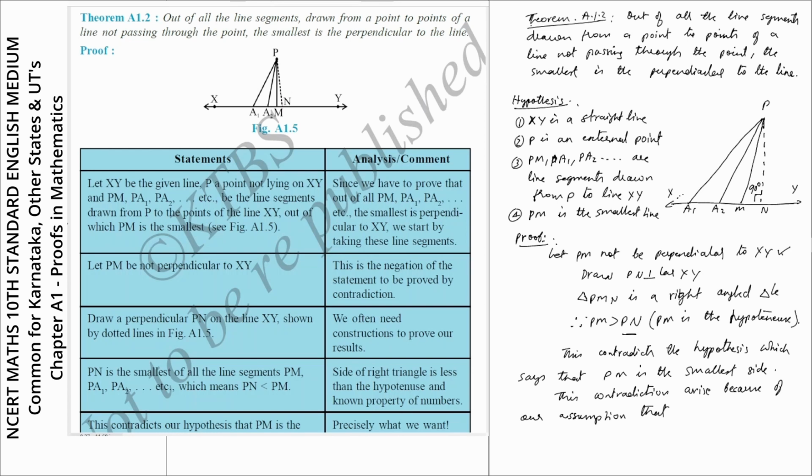That assumption itself is wrong. This contradiction arises because our assumption that PM is not perpendicular to xy is not correct. Therefore, PM is perpendicular to xy, and that completes the proof.